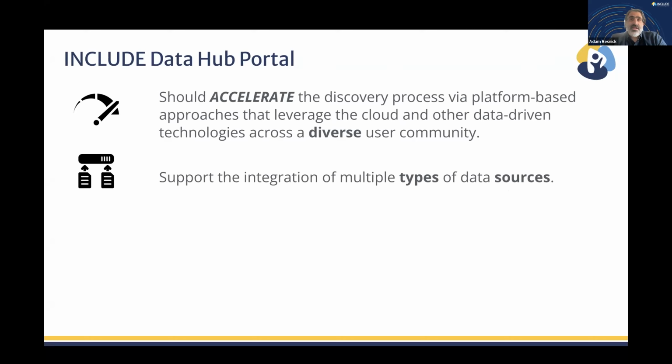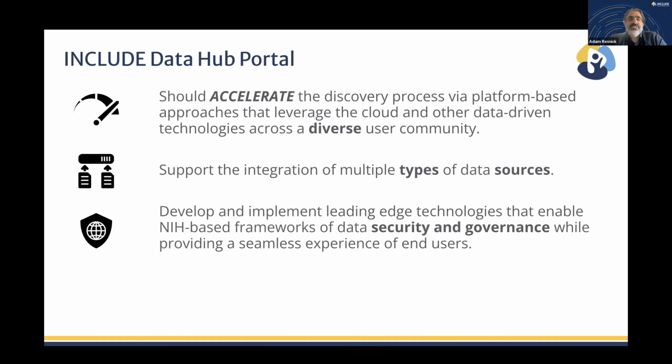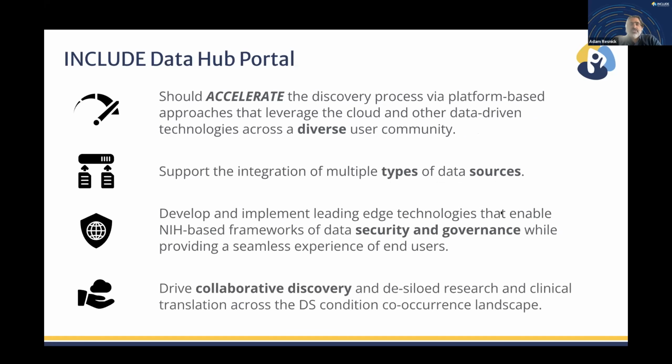A key opportunity and challenge related to that acceleration is these multiple types of data sources that we are provisioning for multiple diverse community stakeholders. And in order to succeed, we have to also engage this open science framework while still maintaining a framework of security and governance around these data resources, in ways that then drive a transparent and empowered framework for collaborative discovery.